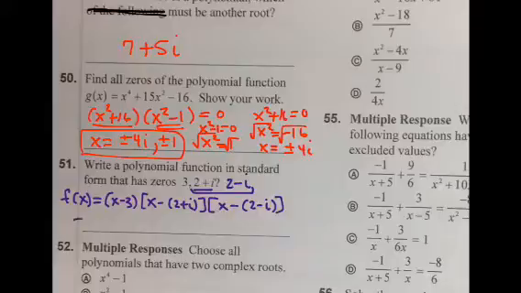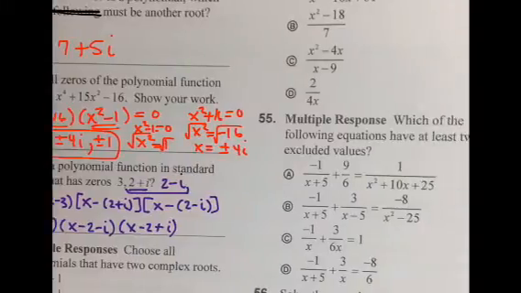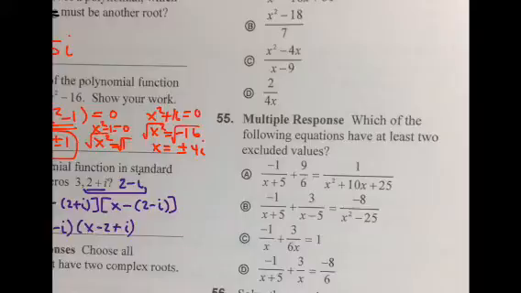So when you simplify this, we get x minus 3, x minus 2 minus i, because we're distributing the negative, x minus 2 plus i. Okay? So this is the part where I'm going to, let's see, move it out of the way. I'll just use another page. So I had, this is still for 51.